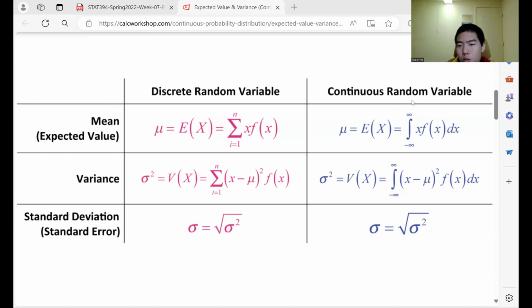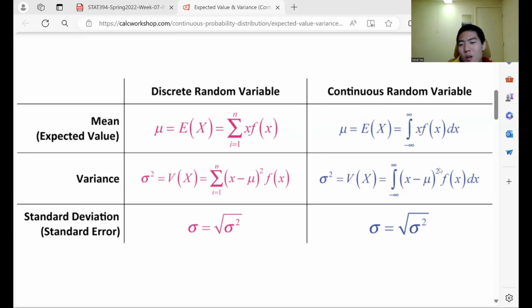Okay, but for a continuous random variable, mu is equal to the integral from negative infinity to infinity of x times the PDF, dx. And with the same reasoning, the variance can also be viewed as a transformation of x, which is (x minus mu) squared.